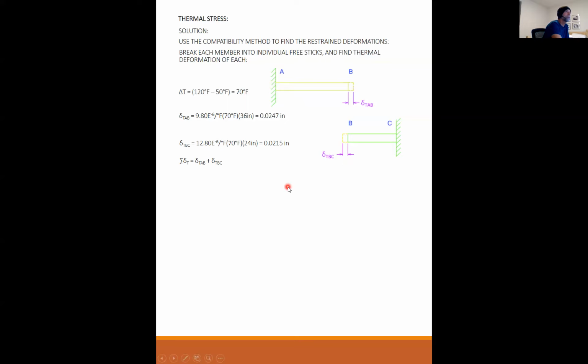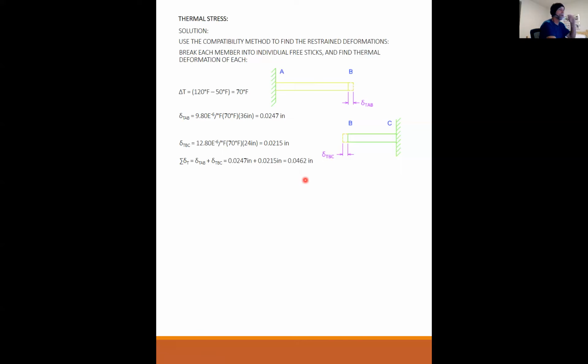But if it could, how far does it want to expand? The whole rod is the sum of both deltas, delta TAB plus delta TBC, which is 0.0247 plus 0.0215. So the whole rod, all 5 feet of it, wants to expand 0.462 inches.